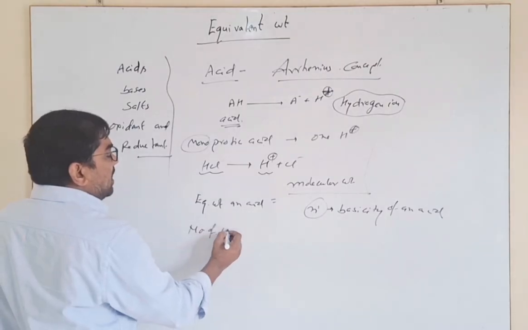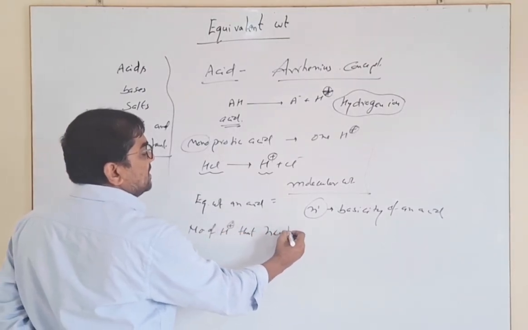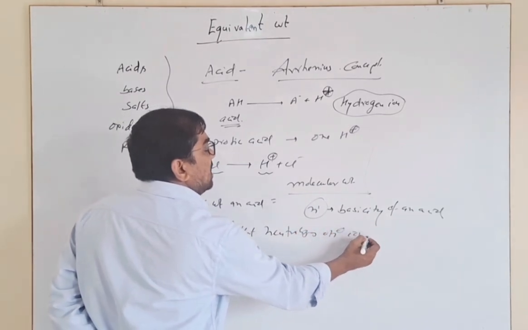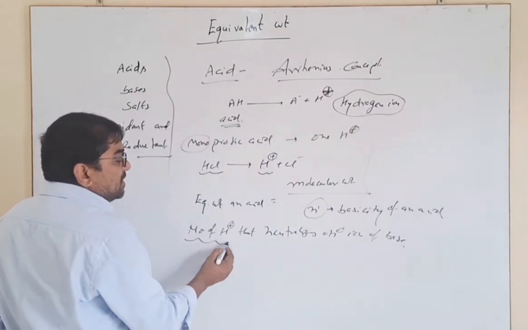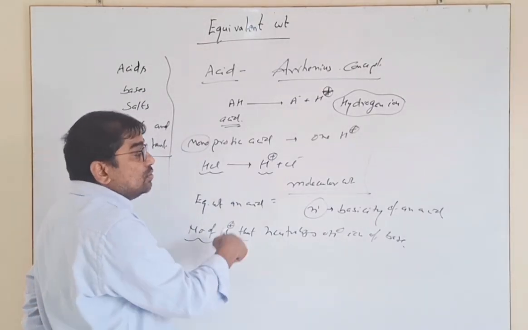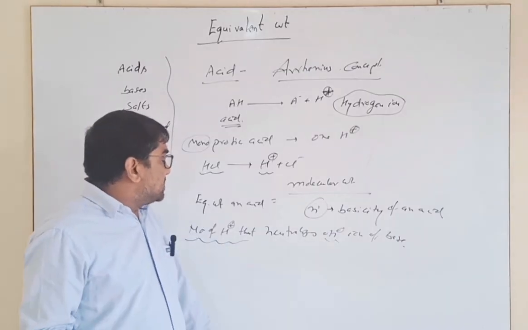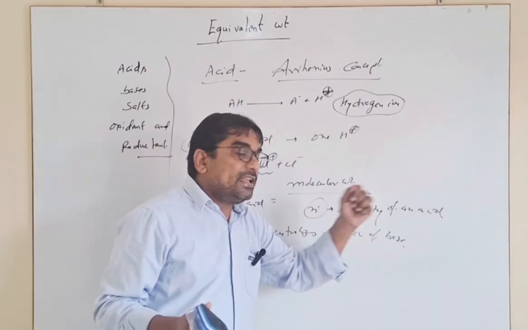Basicity is the number of H plus that neutralizes the OH minus ion of a base. The number of H plus released by an acid to neutralize the hydroxyl ion of a base is called the basicity of an acid.